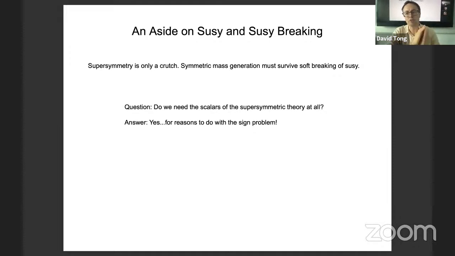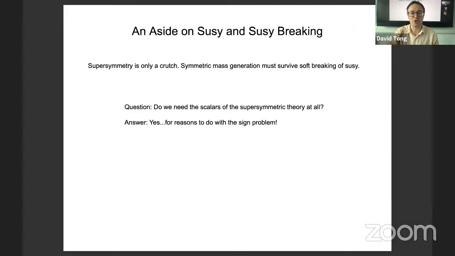Now, suppose you just throw away the scalars from the supersymmetric theory. Of course, that doesn't affect the 't Hooft anomaly matching. So you might wonder, is it possible that Seiberg duality or some of these phenomena still occur in the non-supersymmetric theory where you just dump the scalars? The 't Hooft anomalies still match after all, so perhaps you're still in with a hope that some of this might still hold.